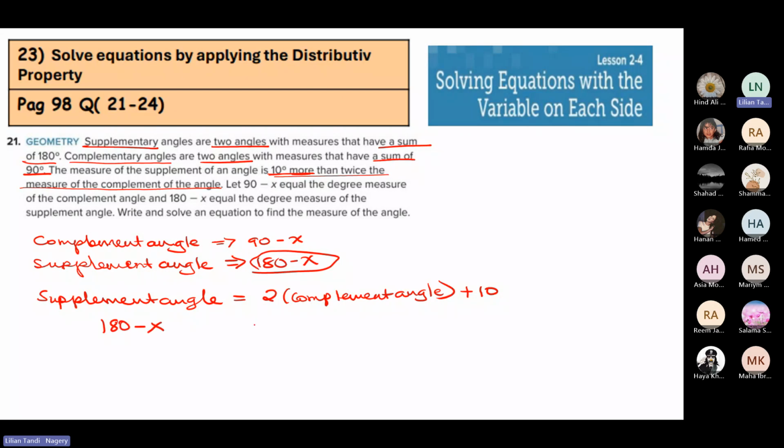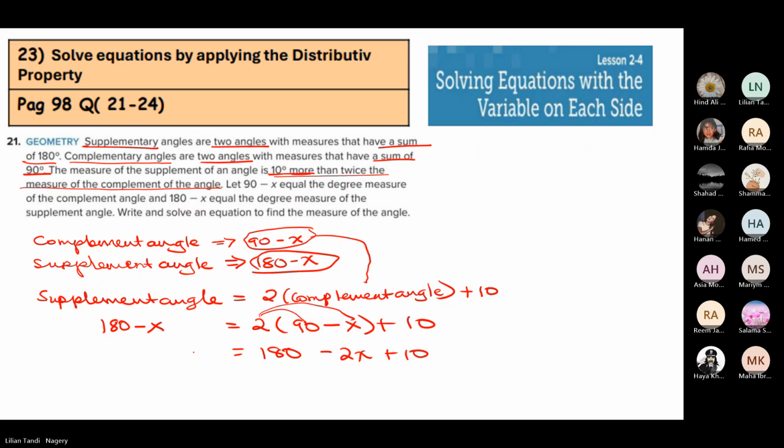Supplement angle, this number, I write it over here. 180 minus x equals 2 times the complement angle, I write this over here, so 90 minus x plus 10. Then I solve. Distributive property gives me 180 minus 2x plus 10, and this gives me 180 minus x.